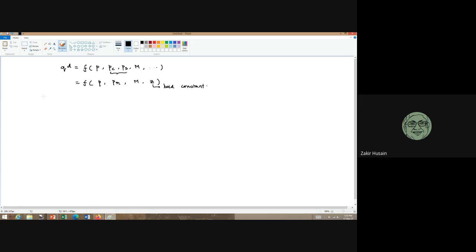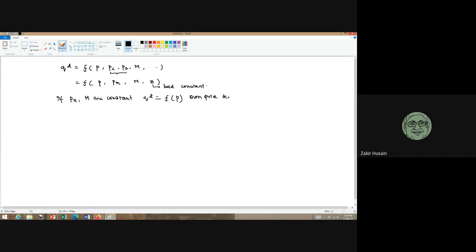Now, if we also hold PR, that is price of complements and substitutes, and income to be constant, the demand function simply becomes a function of own price. This is the own price demand.